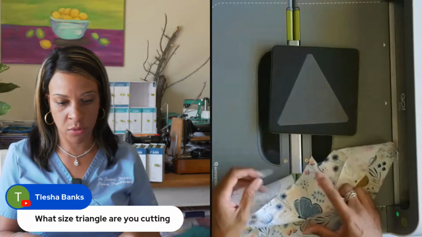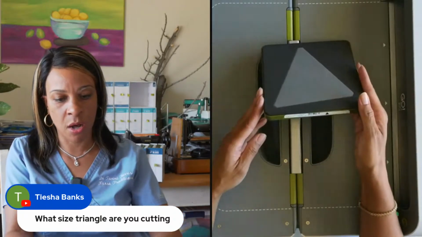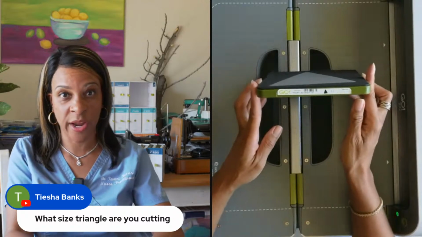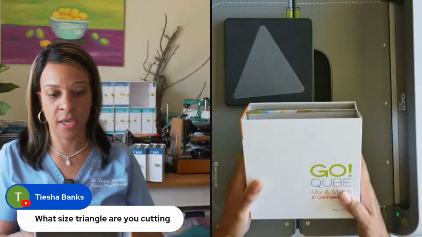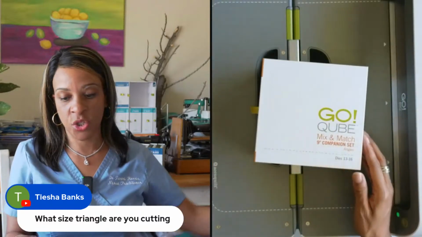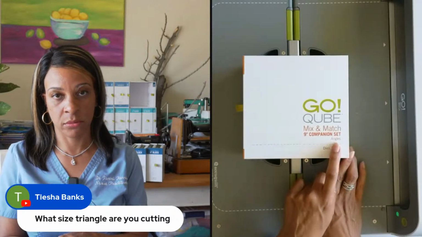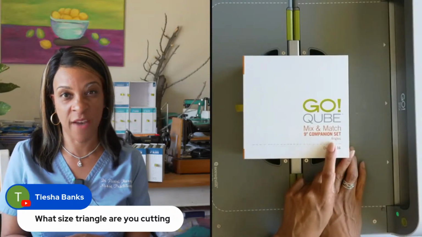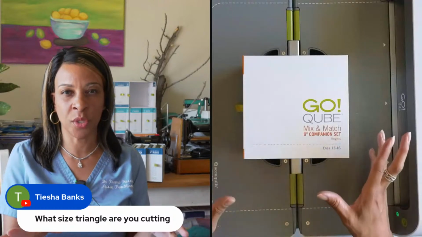Let me show you which triangle I'm using. This one is called the triangle in the square, the centerpiece. And this die is from my Go Cube, 9-inch, and it is from the Angles companion set you have to purchase additionally to the basic cube.